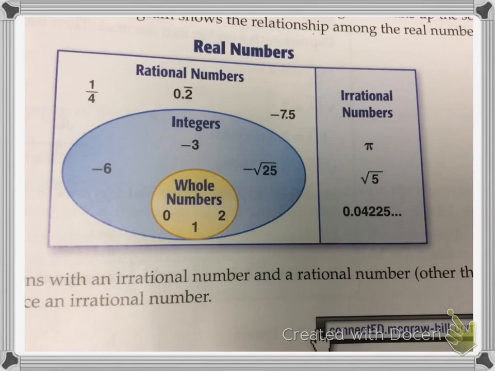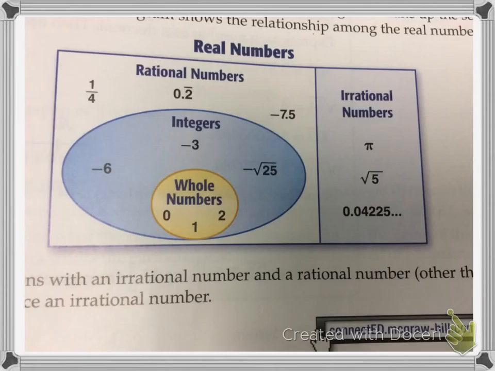Some rational numbers are going to be those that are fractions already, like 1/4, 3/4, 2/5, 3/5, 3/8. Those are all rational numbers. Any repeating decimal, so 0.2 repeating, that 2 is just going to go on and on forever, because anything that is repeating like that can be turned into a fraction.